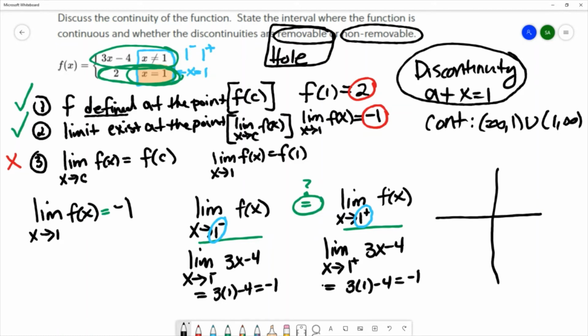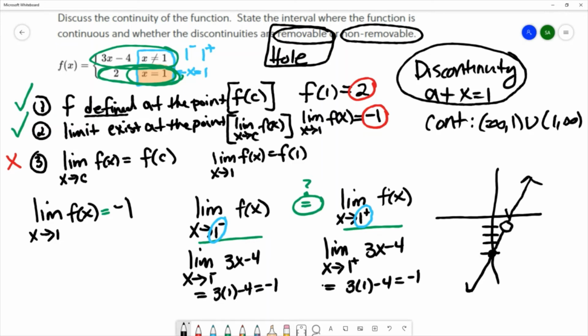3x minus 4 is a linear equation with a y-intercept of -4. We can plot that y-intercept. We can do our rise over run, rise 3, run 1. That will give us our line. However, at that one value of x equals 0, we need to put a hole there.